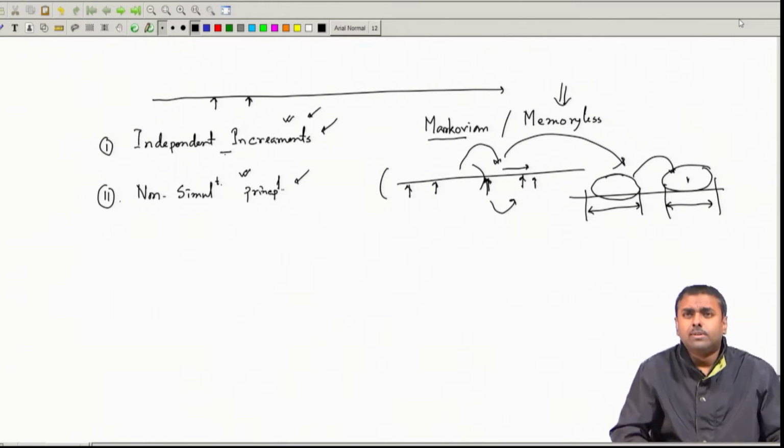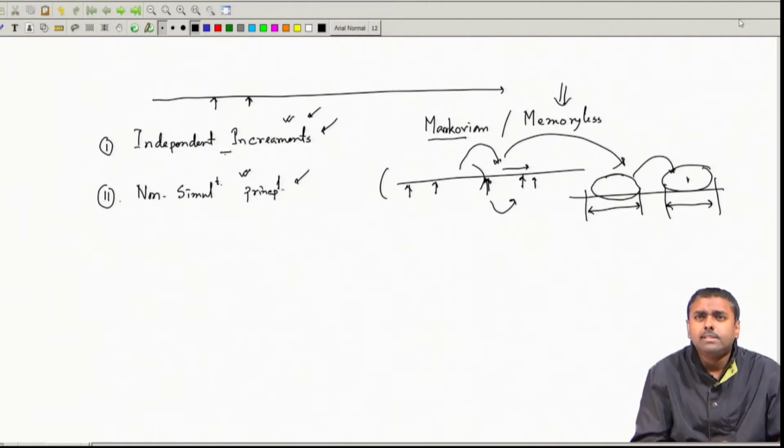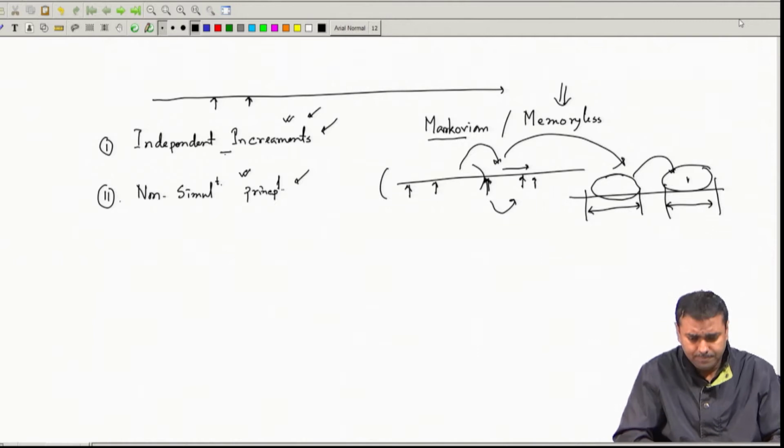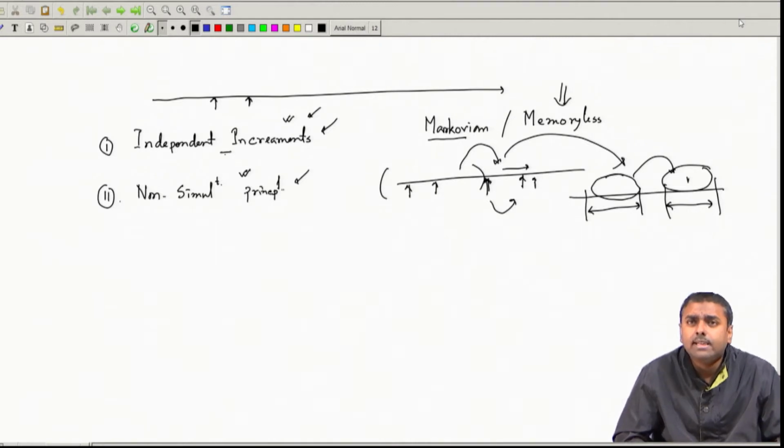So, these are two very fundamental properties of this Markovian or Poisson process. What are they? One is anyway fundamental, that depicts the event occurrence. It says that it is non-simultaneous, that means whatever happens, no two events in this world can simultaneously occur. Okay, so this is one principle.